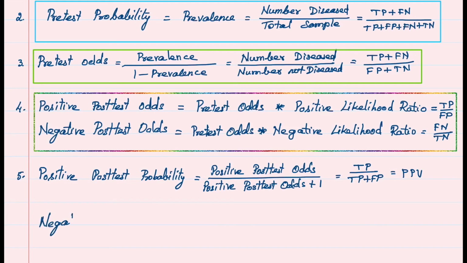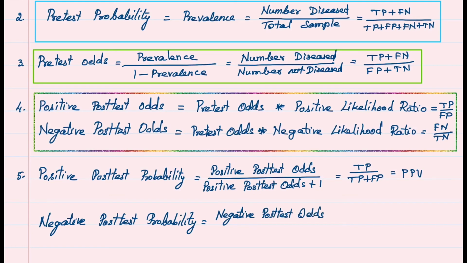Now let us write the formula for negative post-test probability. The formula is negative post-test odds divided by negative post-test odds plus 1.